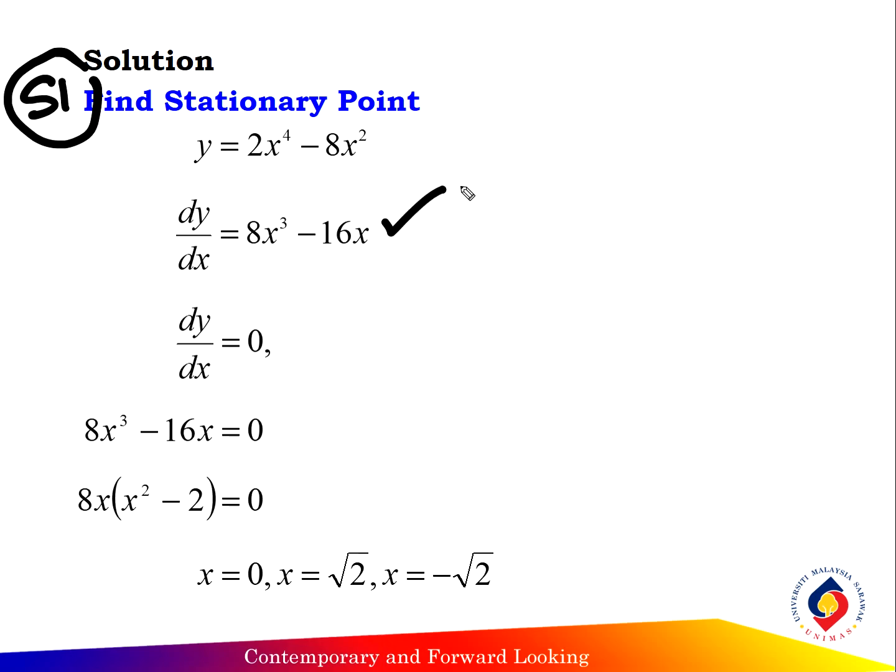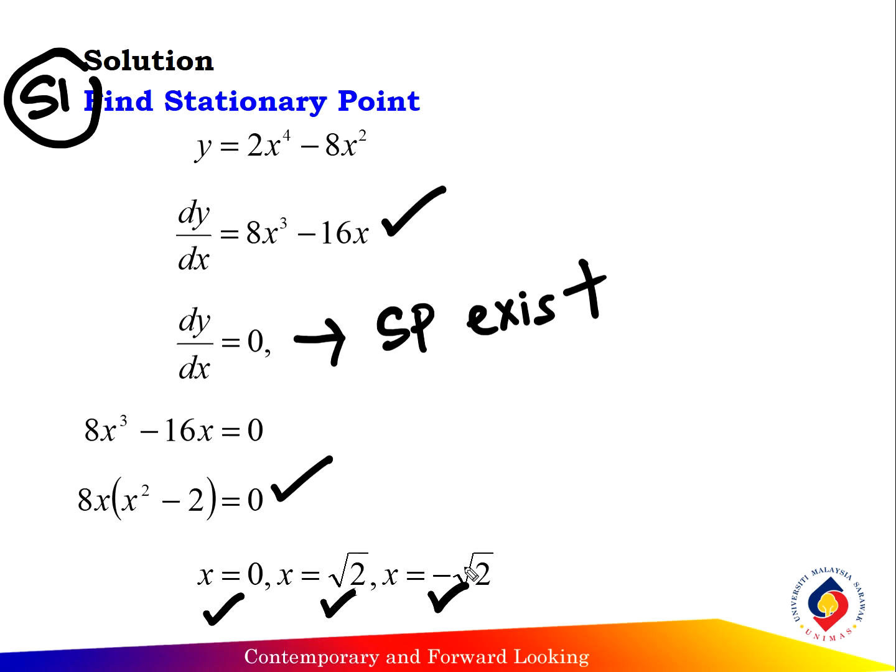And you let the first derivative equal to 0, and you find the stationary point. 8x cubed minus 16x equal to 0, and you factor out 8x times (x squared minus 2) equal to 0. The first value of x equals 0, and x equals plus minus root 2. So 3 values of x.